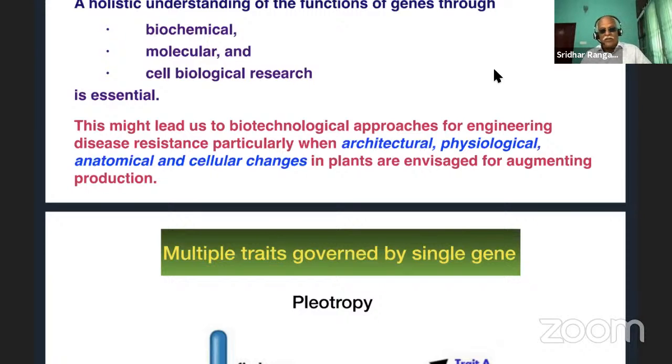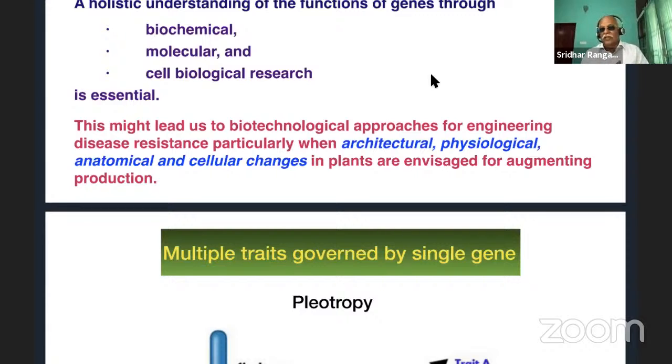These molecules interact with the resistance gene protein, and that is the recognition and specificity involved, biochemically or at the molecular level. So this might lead us to biotechnological approaches if we understand what substance is acting as the effector.